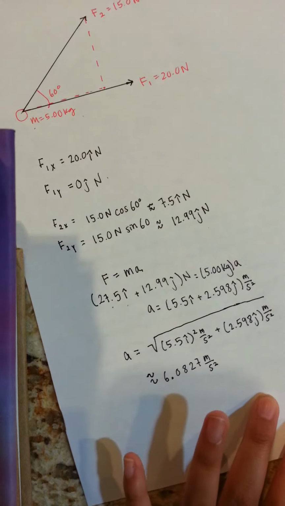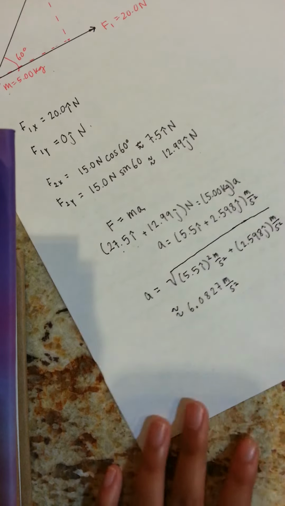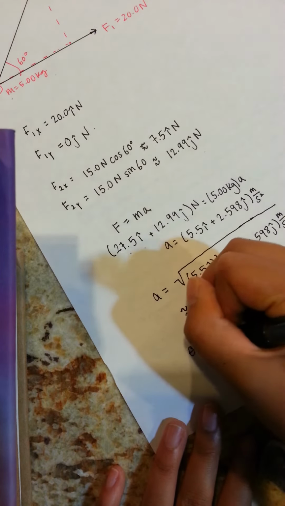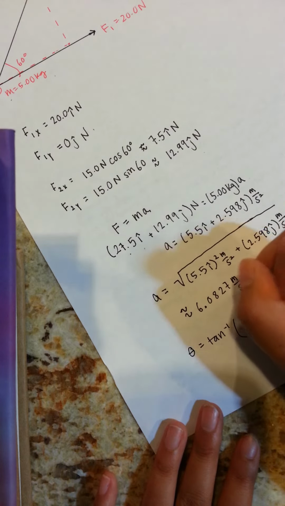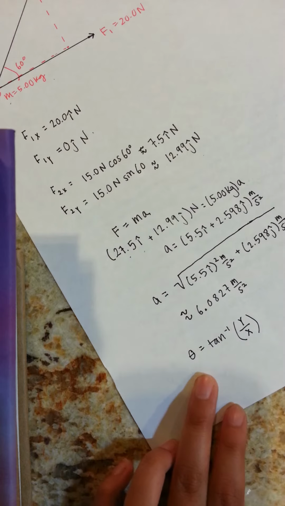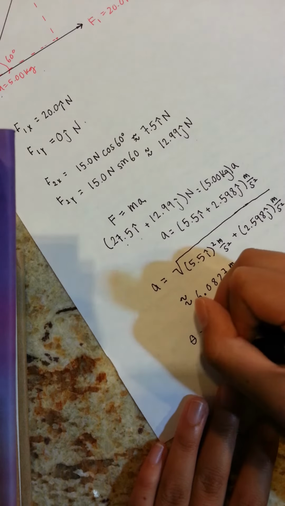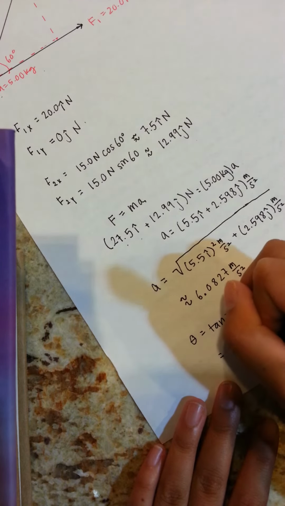And you need a degree next to that, or a direction. So the inverse of tangent, and then in the y direction and in the x direction will give you the degree.